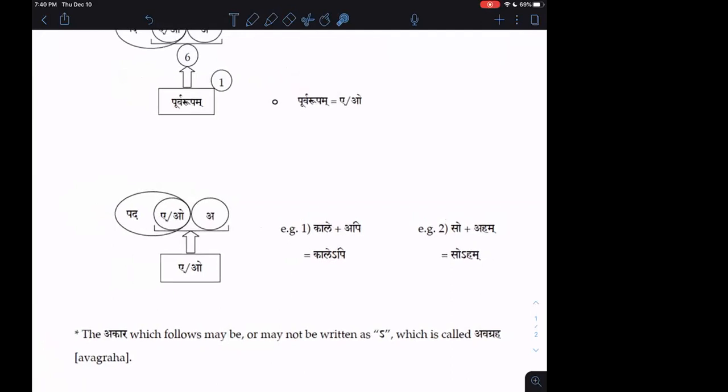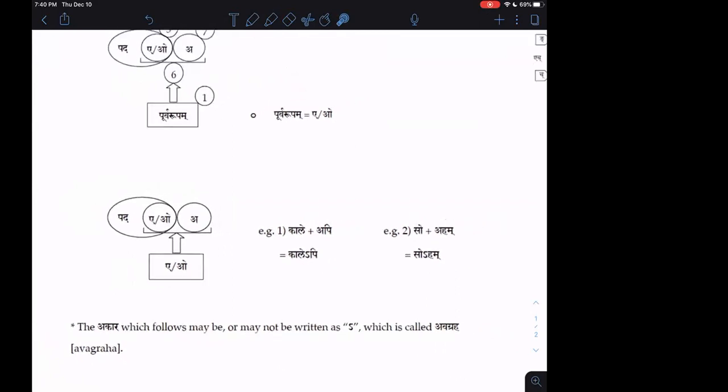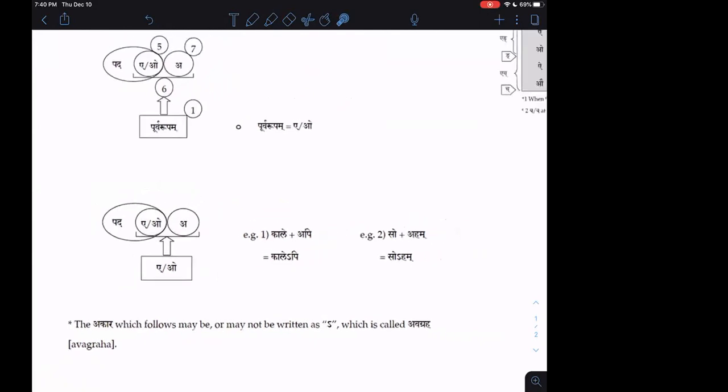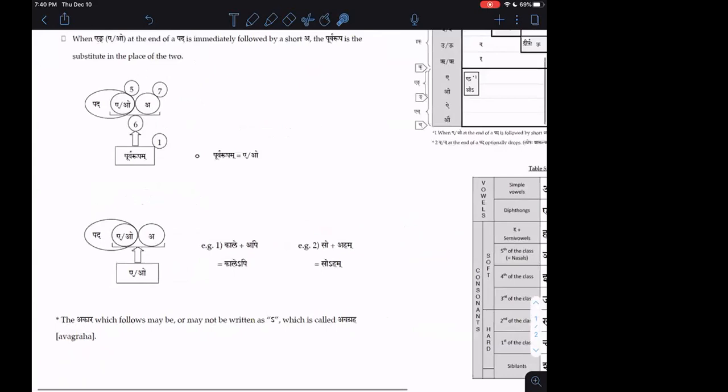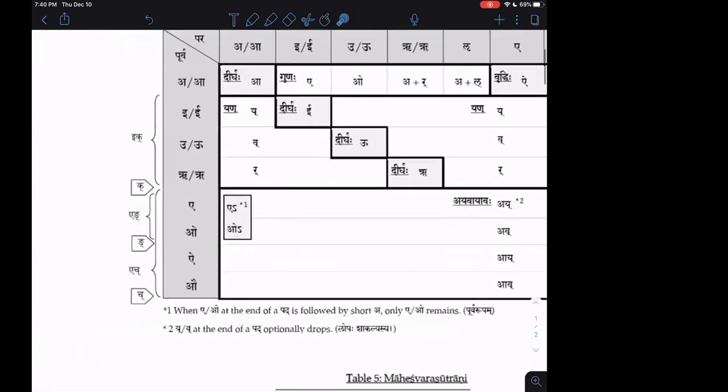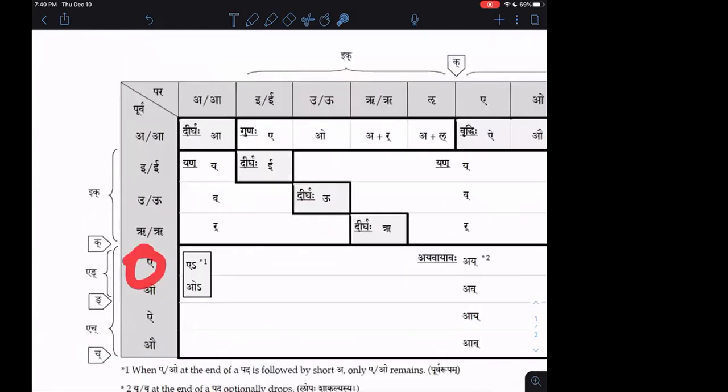Now, hopefully, you might be a bit confused. And I was a bit confused when I first looked at this, because previously we've seen that when A or O meets akara, then I get ayavayava sandhi.